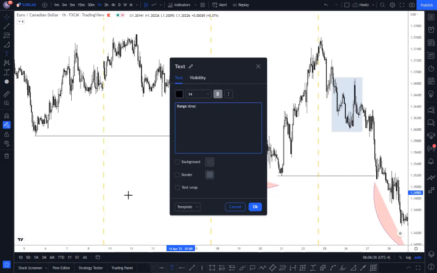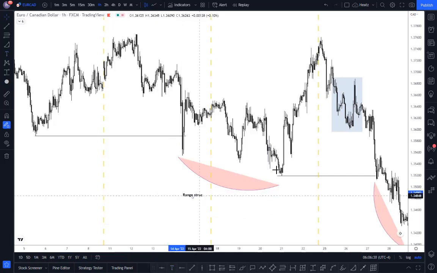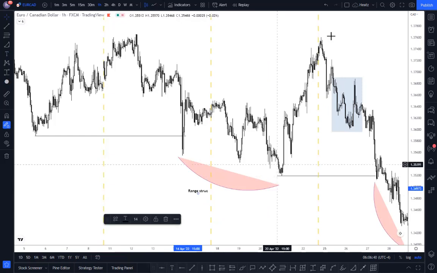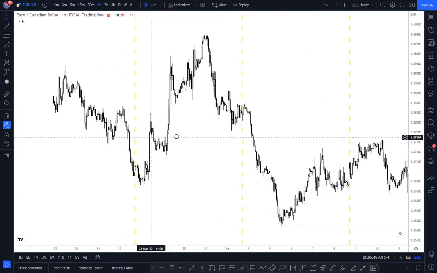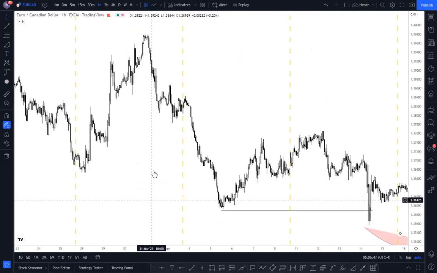There is a range structure that was created here. Before now, price gave us this definite pullback into the range, right?